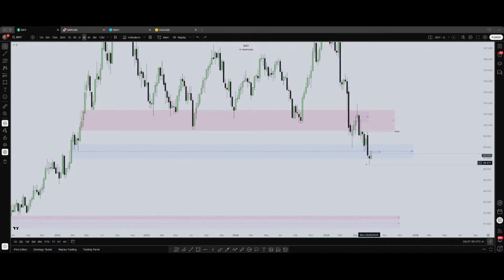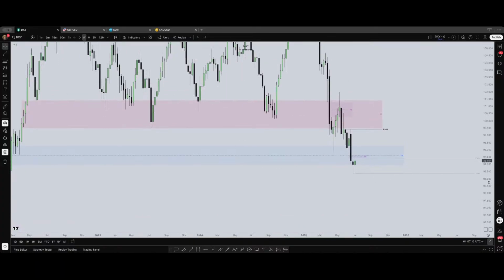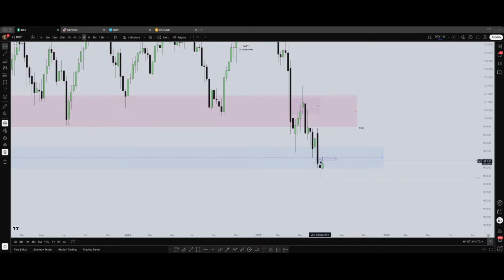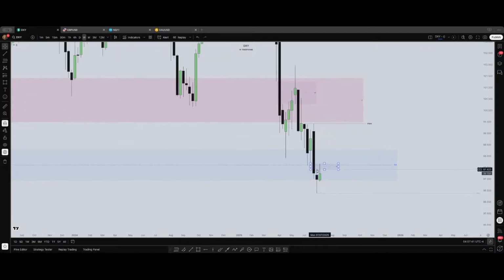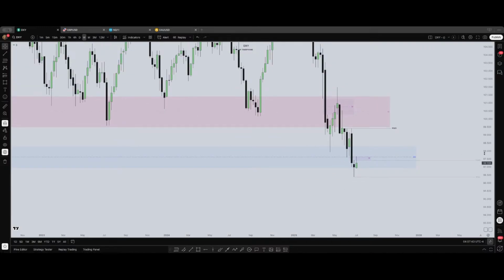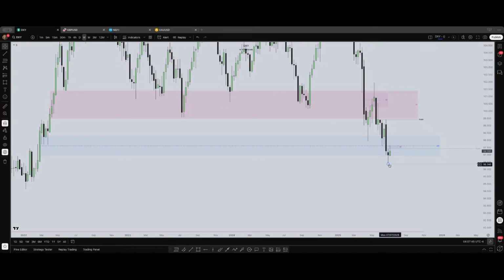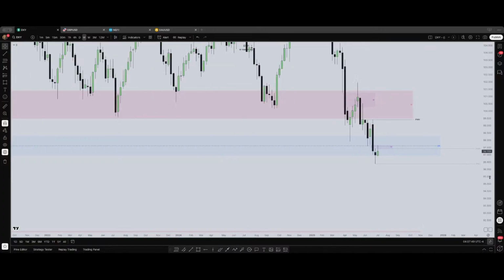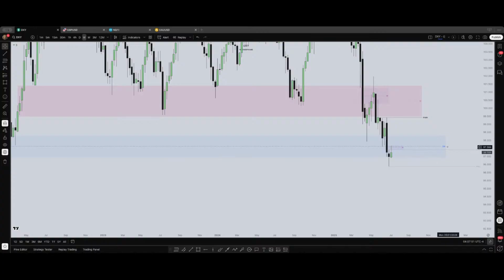So far, price took the previous week high, which was this high. Price already took it, and I like the reaction here. Also, look how price rejected in the midpoint of this three month fair value gap.